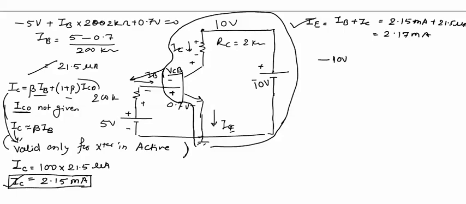We get minus 10 volt plus IC into RC plus VCB plus VBE equal to 0.